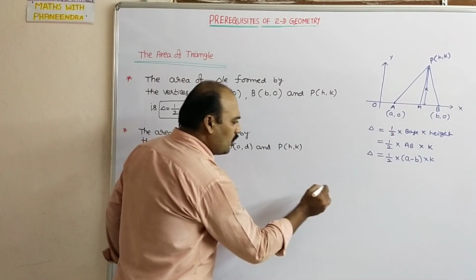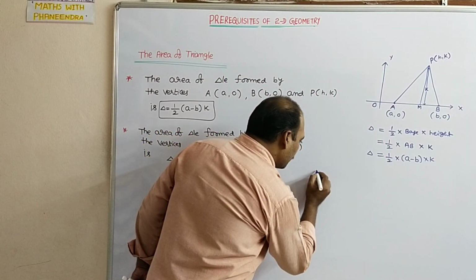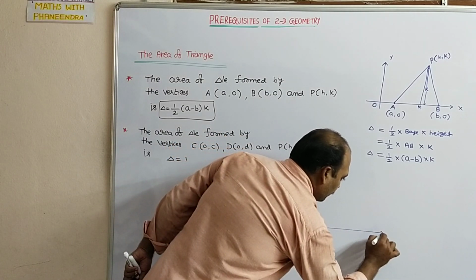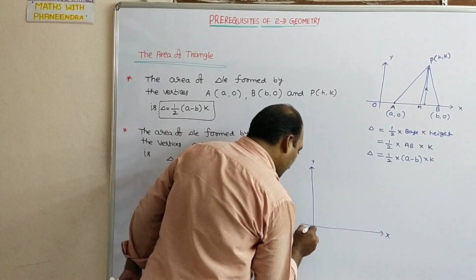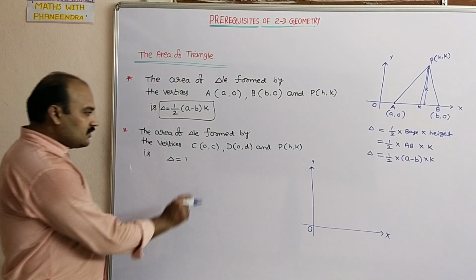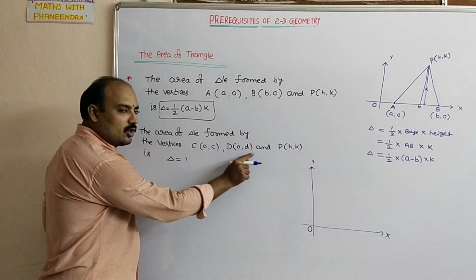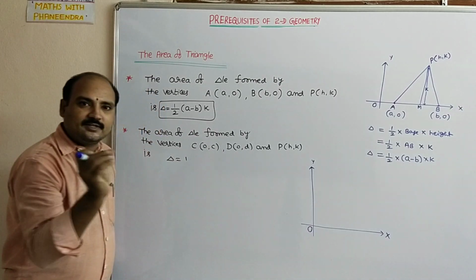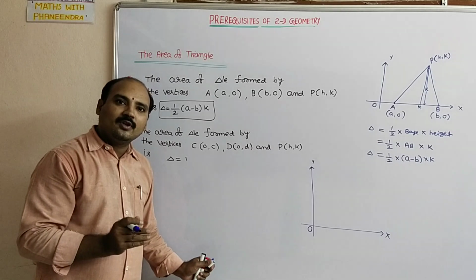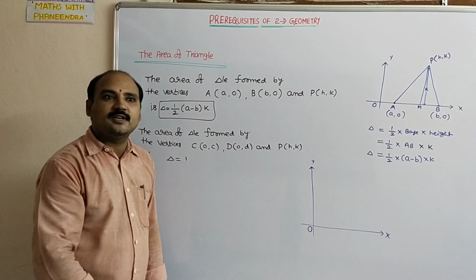Like the same figure, you have to draw the x-axis, y-axis, origin. In this, C (0, C) and D (0, D): among these 2 points, the x coordinate is 0. Whenever the x coordinate is 0, the points lie on the y-axis.